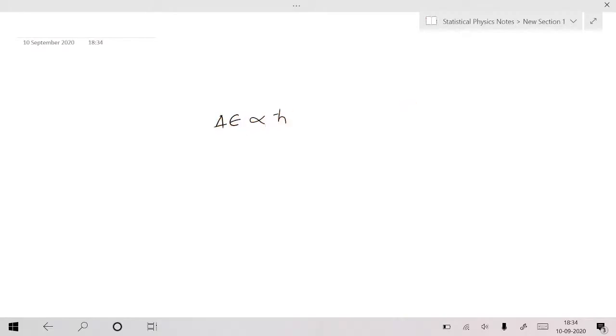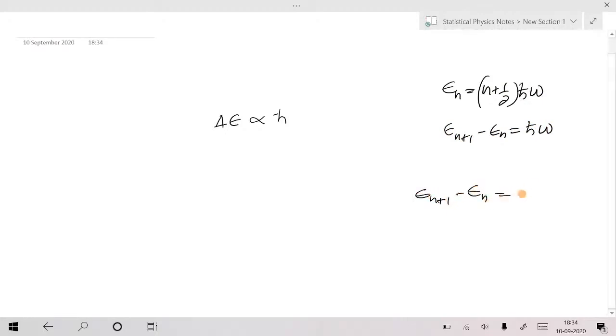Take your linear harmonic oscillator, En equal to n plus half h bar omega, am I right? Energy gap En plus 1 minus En is equal to h bar omega. For a particle in a box, I think this will be 2n plus 1 pi square h bar square by 2m a square.